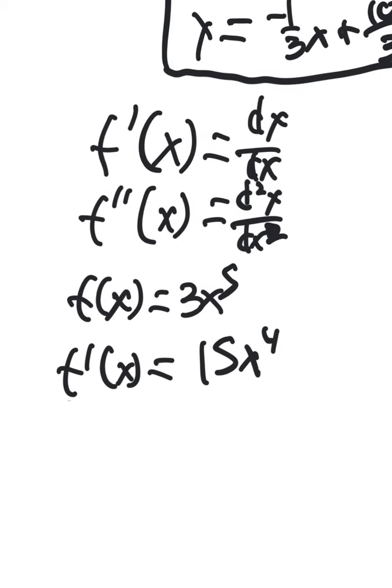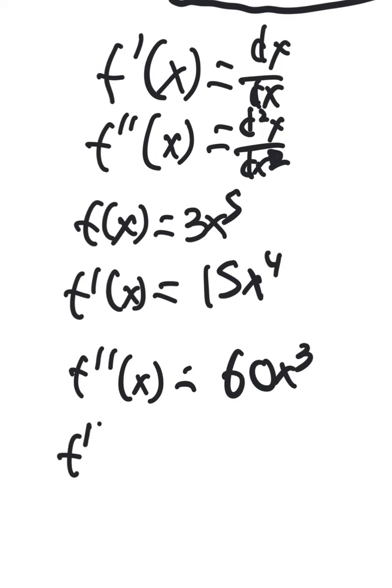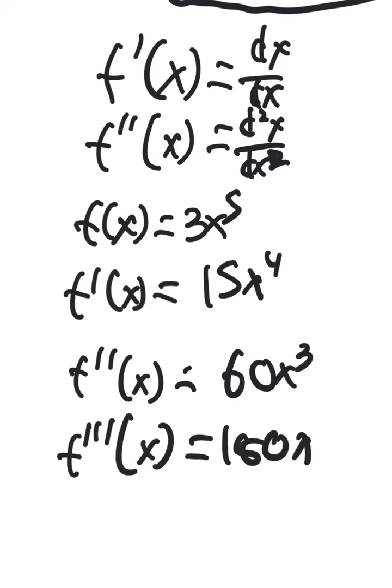Now, let's say we want to take another derivative. We have f double prime equals 60x cubed. If we want a third derivative, we can do that too. f triple prime of x equals 180x squared. And we can do this as many times as we want until we have the derivative that we're being asked for.